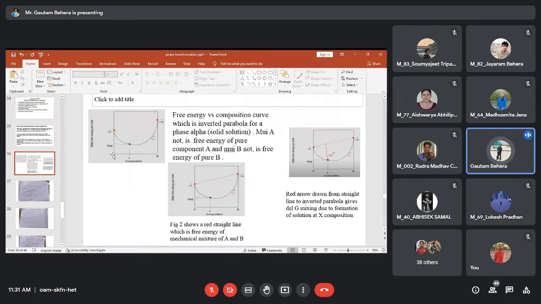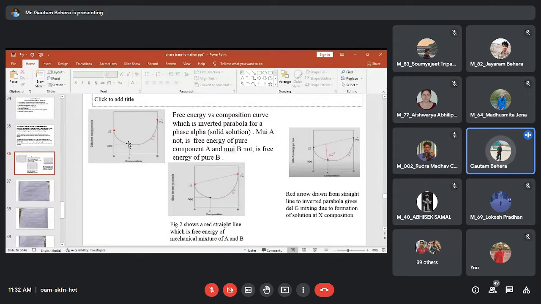So this is pure component A, this is pure component B, and when you mix A and B, you get a solid phase alpha, and this is the free energy per mole versus composition of the alpha phase, you can see, right? And these red dots are showing mu naught A, and this is showing mu naught B. Mu naught A and mu naught B are nothing but the free energy per mole of the pure components A and B.